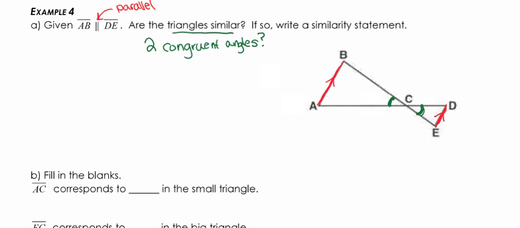But remember too, and this is asking you to go back a long time, whenever we have lines that are parallel, remember that the alternate interior angles are congruent. So one pair of alternate interior angles would be at points B and E.